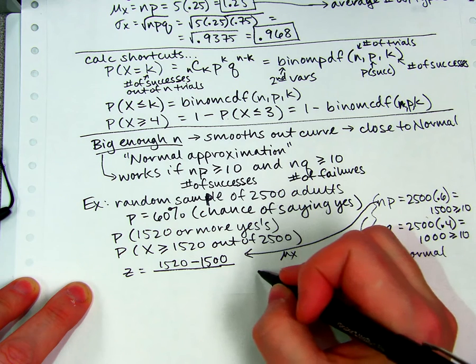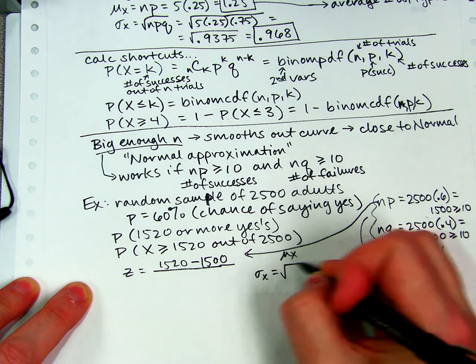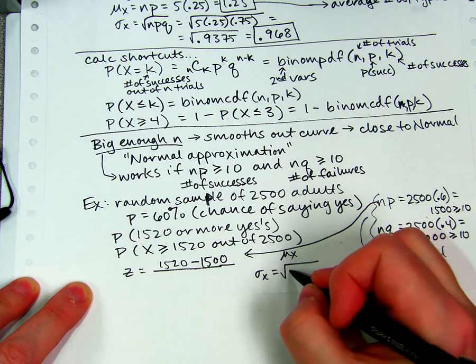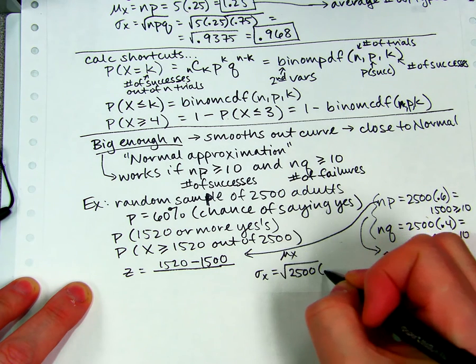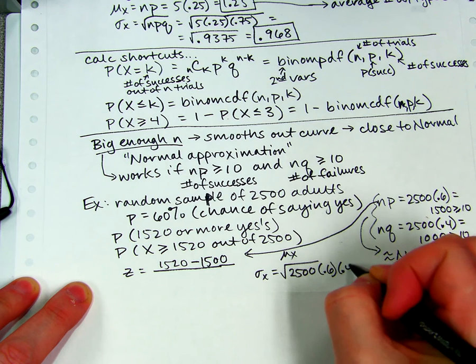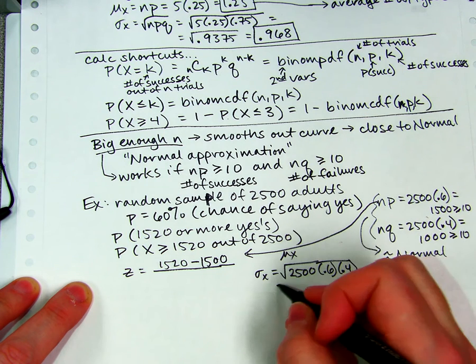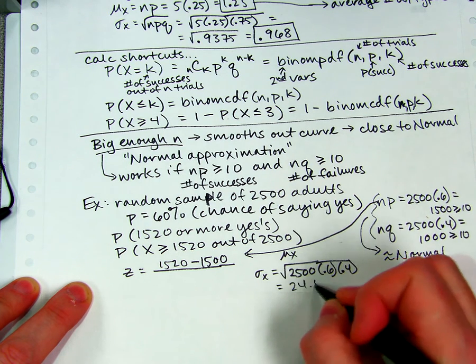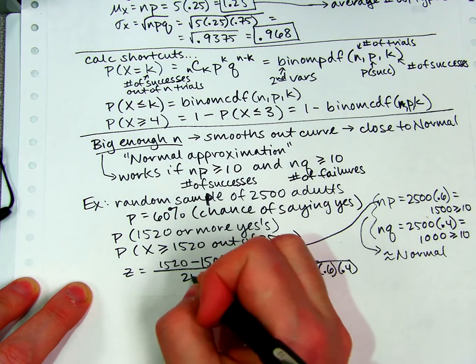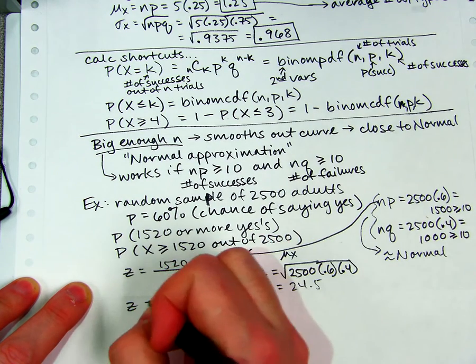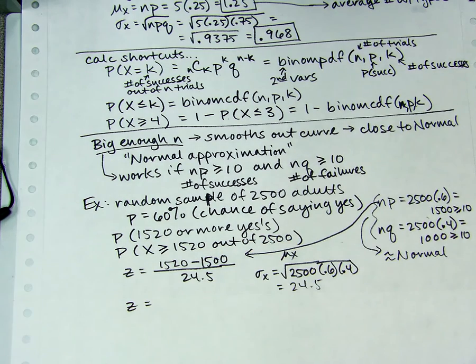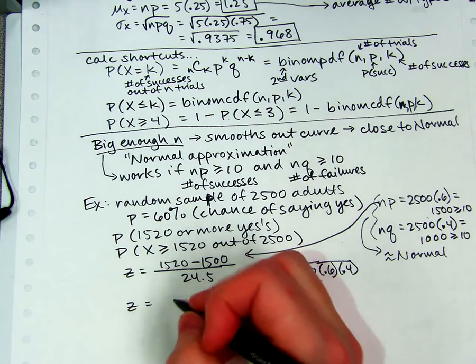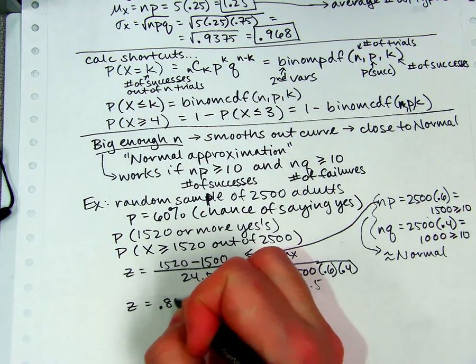I would need to also find my standard deviation of x, which is square root of NPQ. And when you calculate that, you get about 24.5, and use that to find your z-score. Okay, so if you do all of that, you get a z-score of about 0.816.